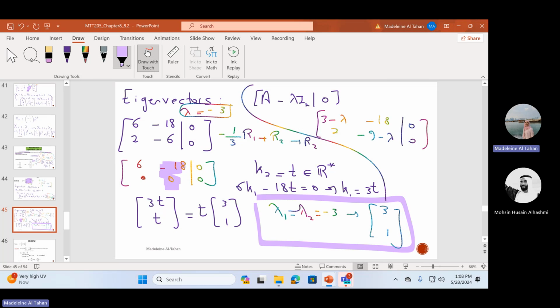So we found the first solution. We are not done yet because we should have 2 independent solutions because it's 2 equations with 2 terms.